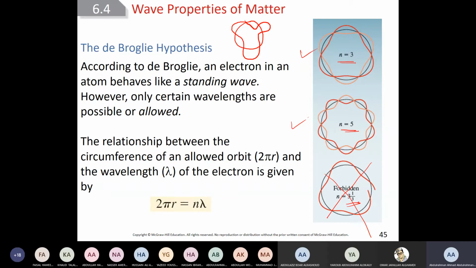That 2πr, what's 2πr? The perimeter of the circle. Exactly, circumference. The circumference of this circle is equal to n times lambda. This means n must be a whole number.